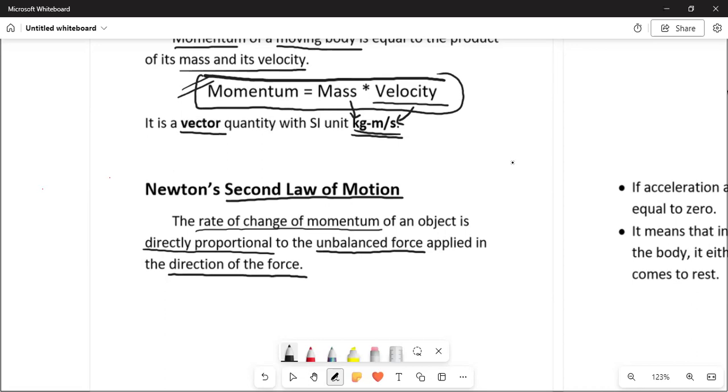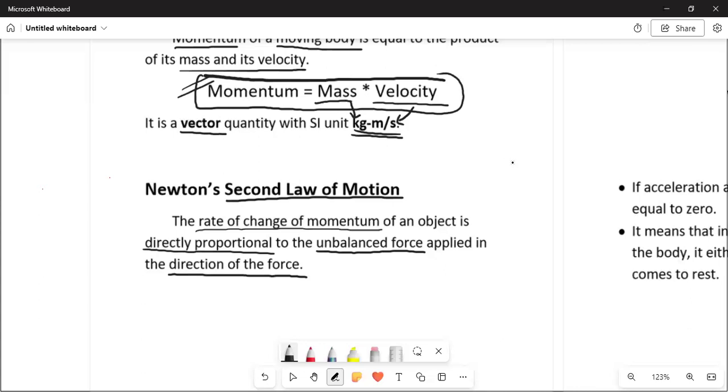This change in velocity means we can also change the mass and change the momentum. But in this case, which we are going to discuss, the change in the momentum will be because of the change in velocity. Now, the rate of change of momentum of an object is directly proportional to the unbalanced force.